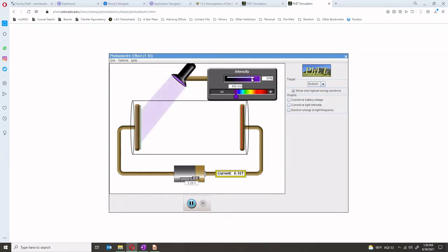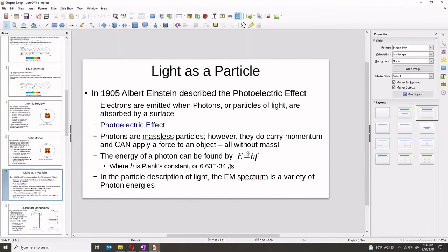But the important thing was that this seemed to be independent of intensity and solely dependent on wavelength, which makes sense. Why does that make sense, you ask? Because E equals hf, right up here. The energy is proportional to the frequency times some constant.